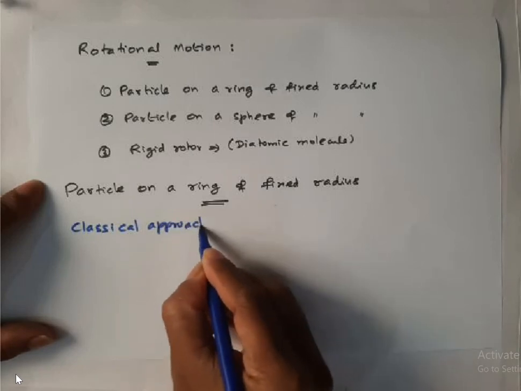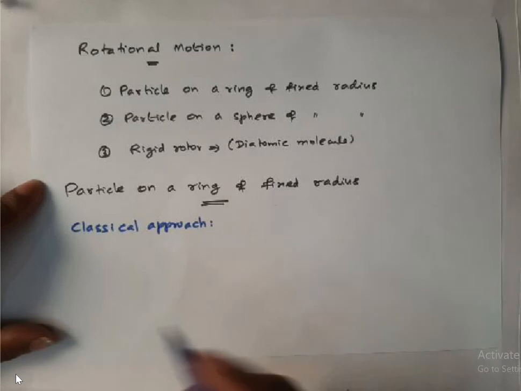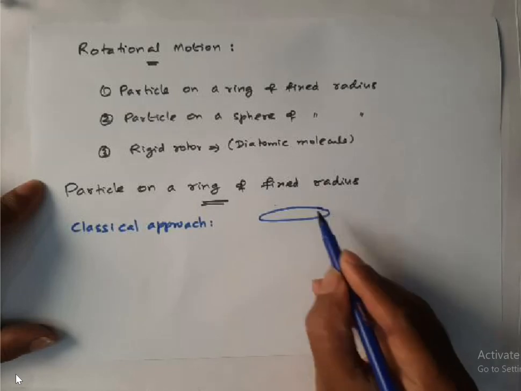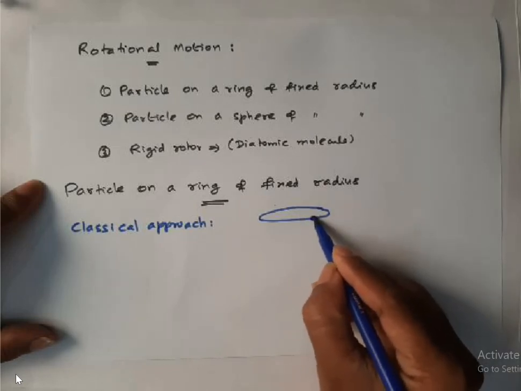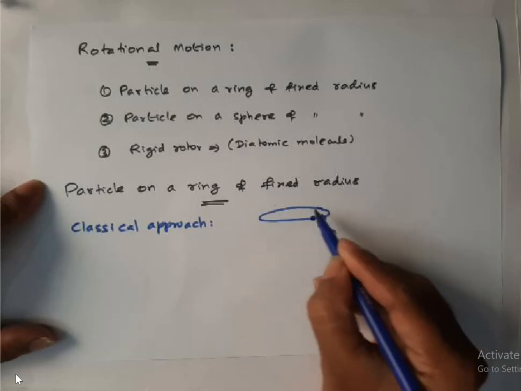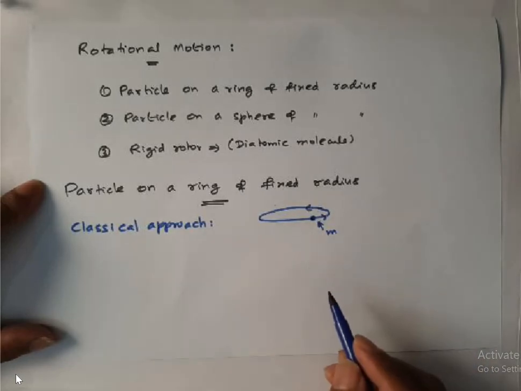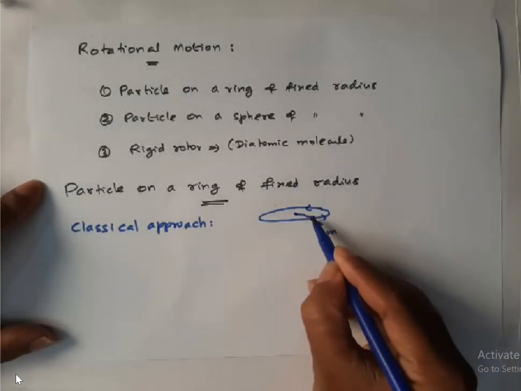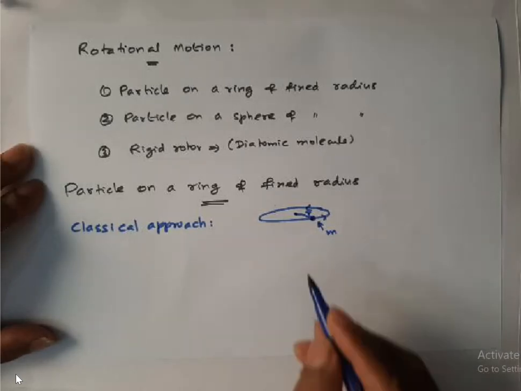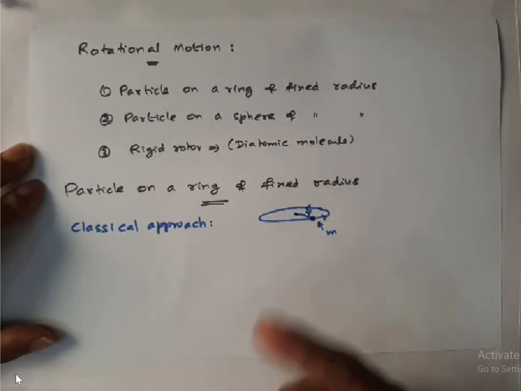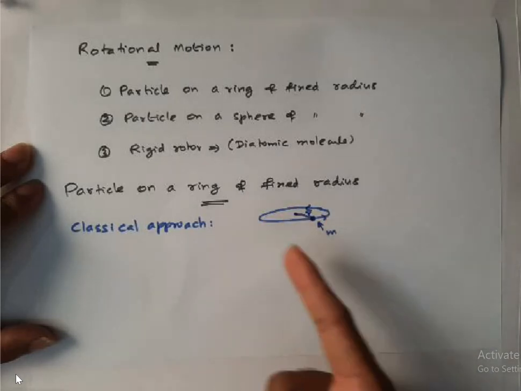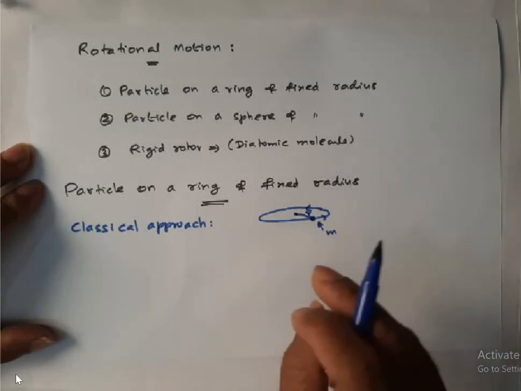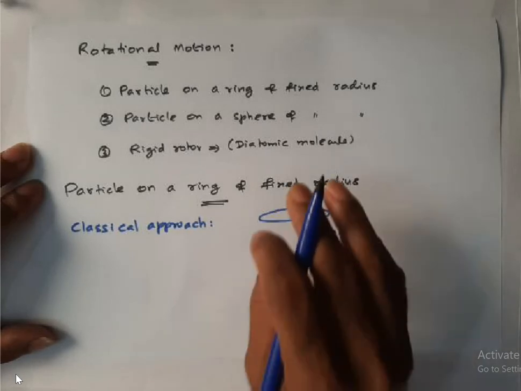Classically, if a particle is moving on a ring of fixed radius, say for example a particle having mass m is moving on a ring of fixed radius r. You know very well that when the particle is moving on a ring of constant radius, depending upon the velocity, the particle will have angular momentum.